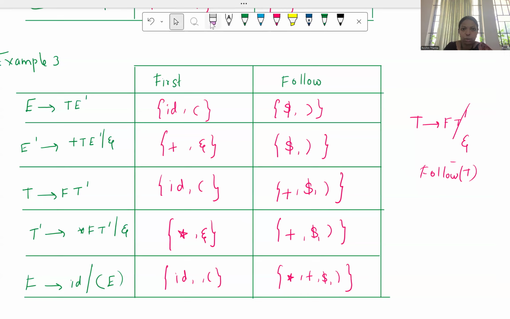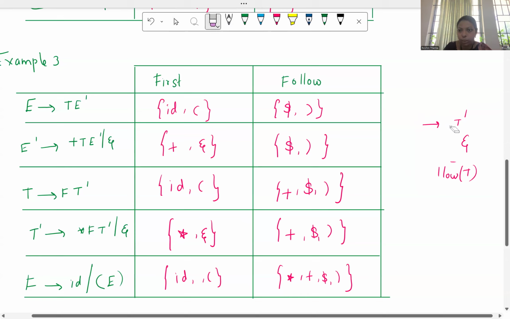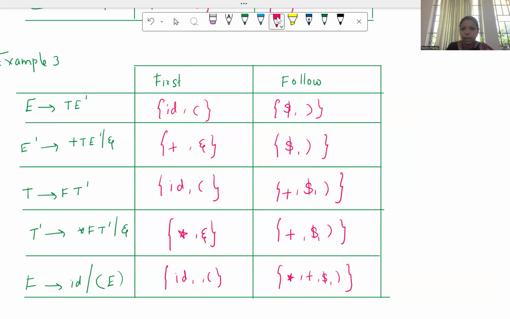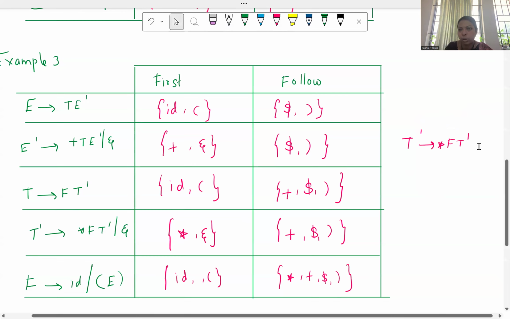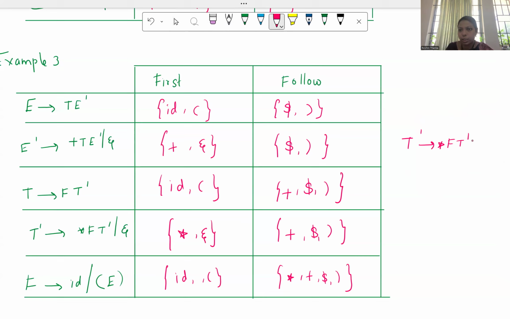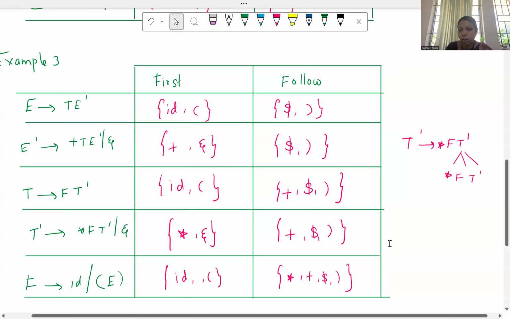Okay, and we have one more production which has F in the right hand side. Let me write that as well. So T dash derives star F T dash. So in this case also I have F. Who is following F? T dash. Again, T dash is a non-terminal. So write the derivations. In this case, who is the first? Star.